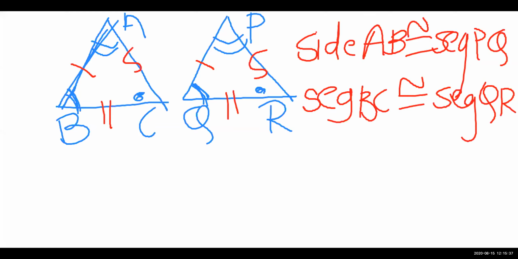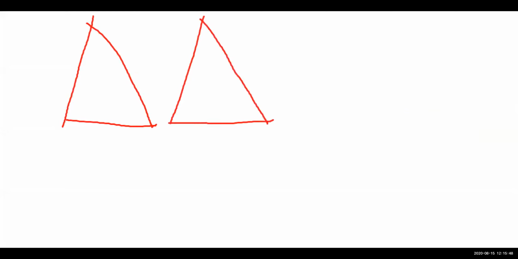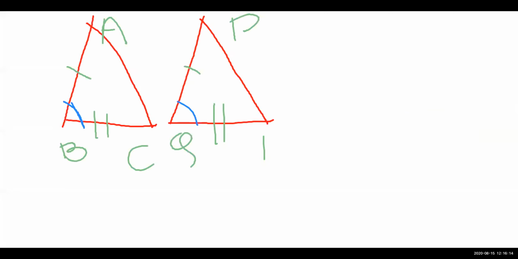Now the next thing: I am drawing two triangles here. If these two triangles have these two sides congruent, these two angles congruent, and again these two sides congruent, triangle ABC and PQR.